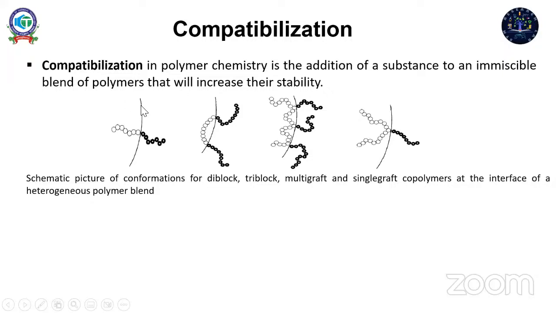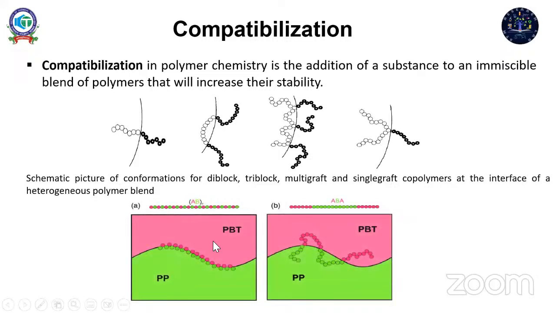If you see this region, this is polymer A, this is polymer B. These are the schematic representations of diblock, triblock, multi-grafting, and single grafting polymers, which are at the interface of a heterogeneous polymer blend. These polymers can act in this way to make two different polymers compatible.